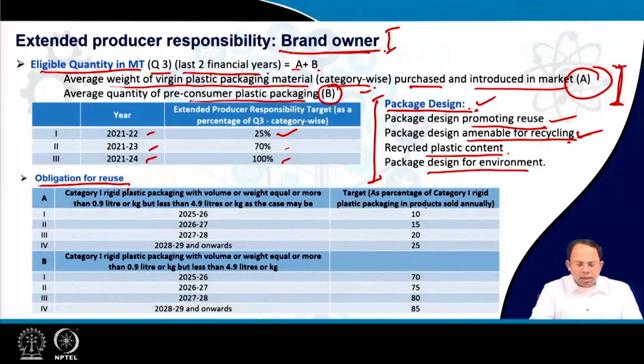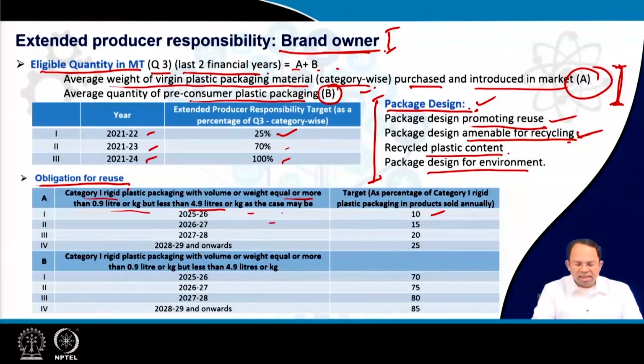The targets which are set are for 2 categories of plastic. One is category 1 plastic, which is equal to or more than 0.9 liter or kg, but less than 4.9 liters or kg of plastic. For the year 25-26, this is considered as 10% of this Q3 value.